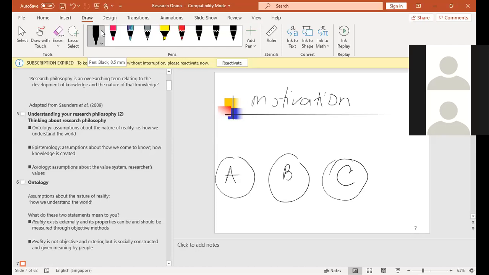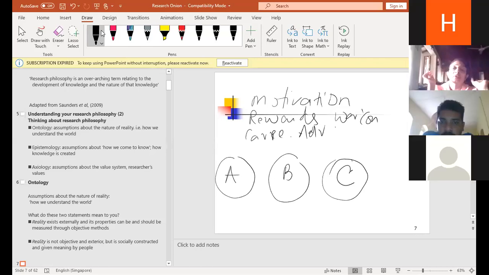So for example, you may say that they have to be given good rewards, right? And they should have career advancement opportunities. They should have good working conditions. And then if these are there, they will be motivated.